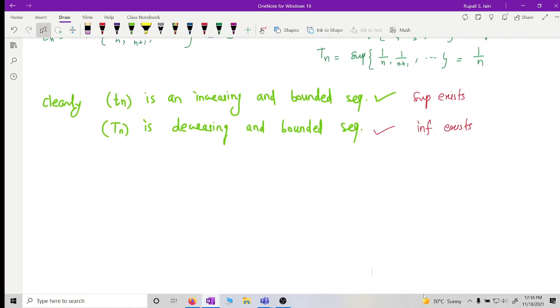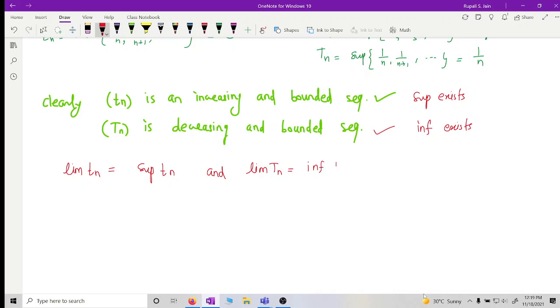So we call it the limit of tn. Therefore limit of small tn is equal to supremum of tn, and limit of capital Tn will be what?